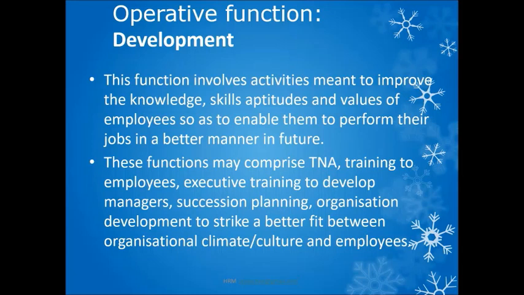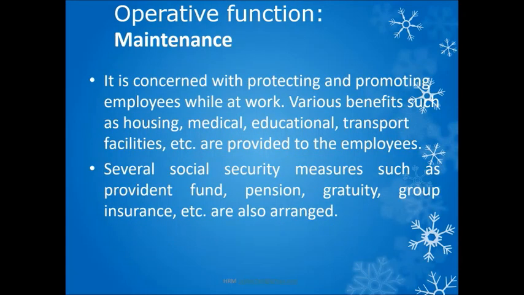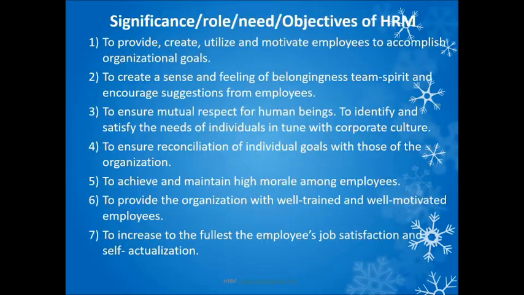Development involves activities meant for improving the knowledge, skill, aptitude and values of employees. Compensation functions involve determination of wages and salaries, matching with the contribution. Several social security measures such as provident fund, pension, gratuity, group insurance, etc.